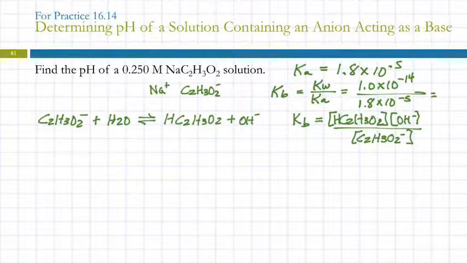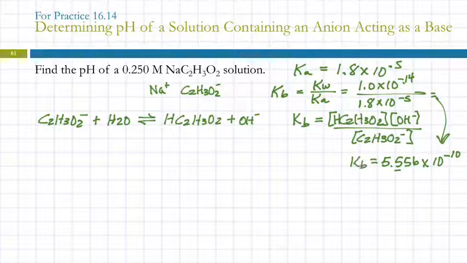So 5.5 repeating times 10 to the minus 10. So that's what Kb is. Any questions? If Ka is big, Kb is small. If Ka is small, Kb is big.